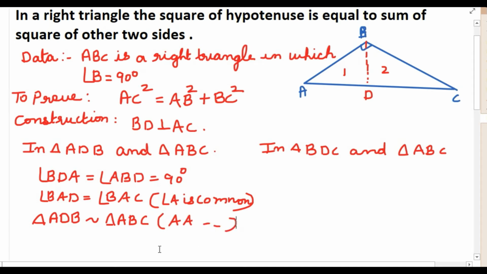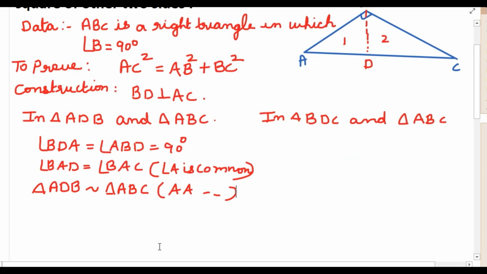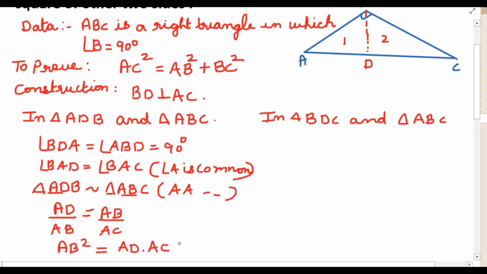So if these two triangles are similar, then I can write the proportion AD divided by AB is equal to AB divided by AC. AD first two letters, because A is common, D is 90 degree, in this triangle B is 90 degree. So first two letters and the first and the last I have taken. If you cross multiply this, I have AB square is equal to AD into AC. Let this be equation number 1.